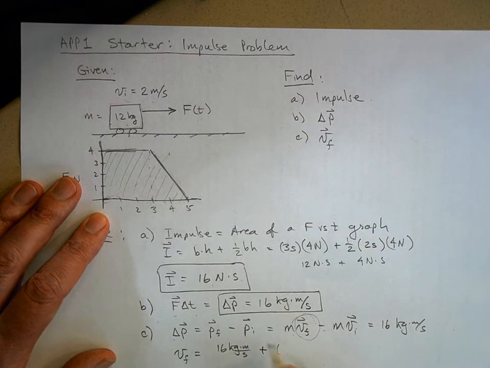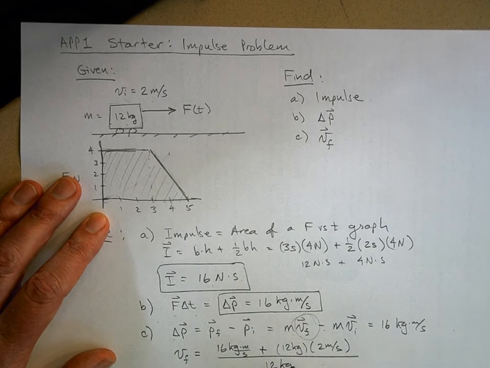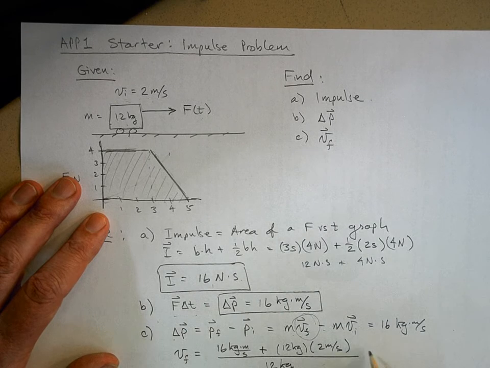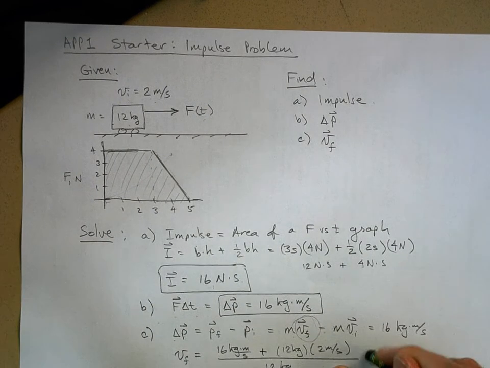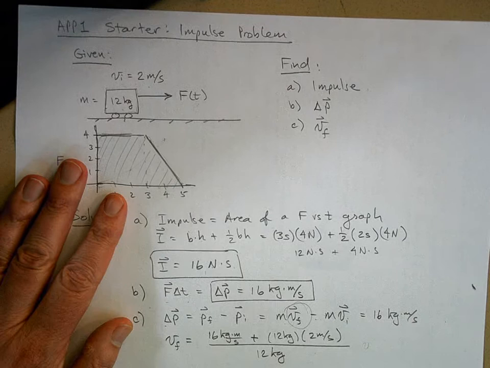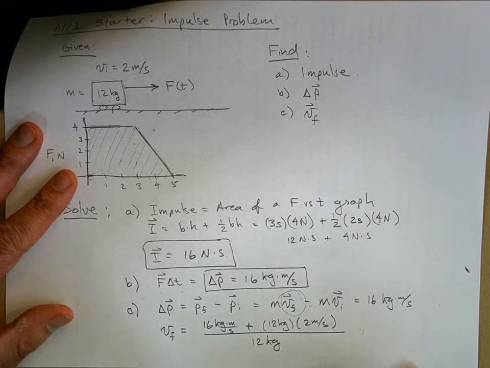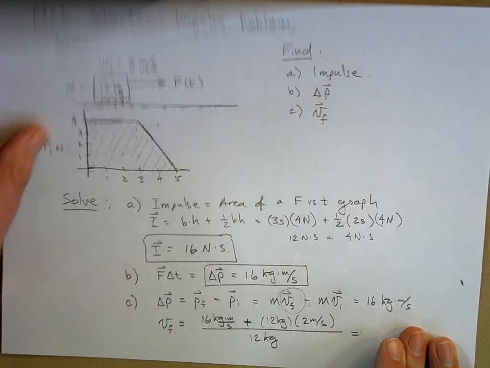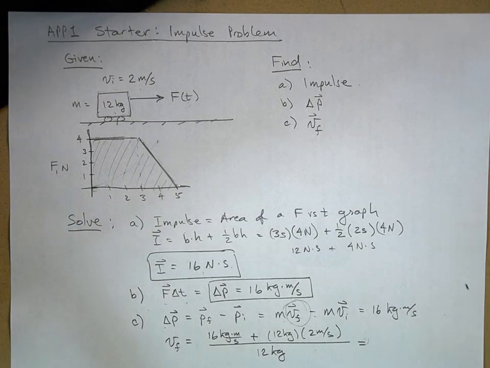I'll go ahead and plug in numbers here. 12 kilograms times the initial velocity was 2 meters per second. And then we have to solve for the final, we have to divide by the mass, 12 kilograms. And this will be equal to, well, let's see, 12 times 2 is 24. 24 plus 16 is 40, is that right?